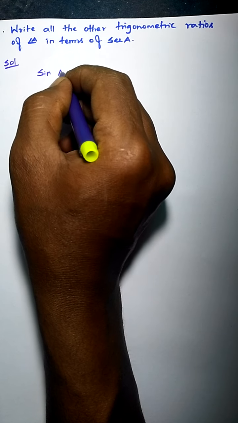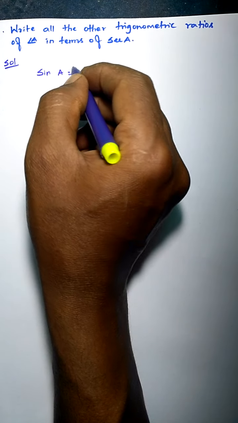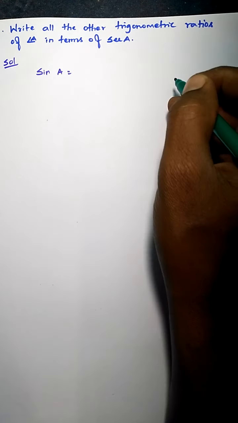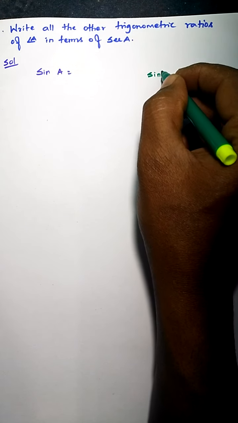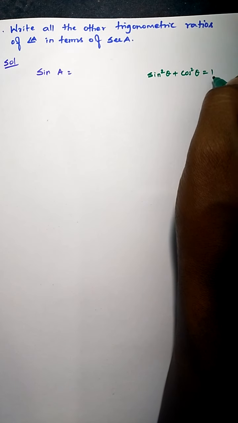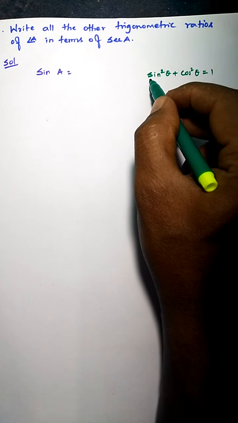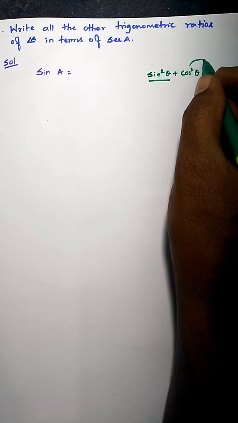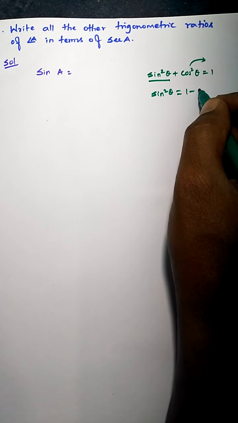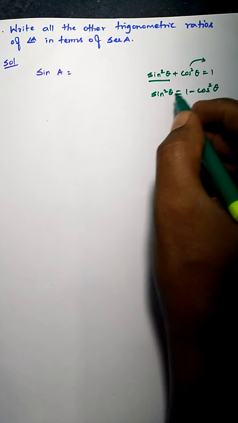Sine A equal to, we know the formula here, the sine square identity. Sine square theta plus cos square theta equal to 1. From this, if you want sine theta, let's take this to the opposite side. Then you will get sine square theta equal to 1 minus cos square theta.